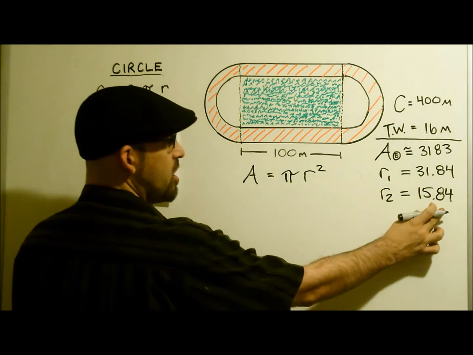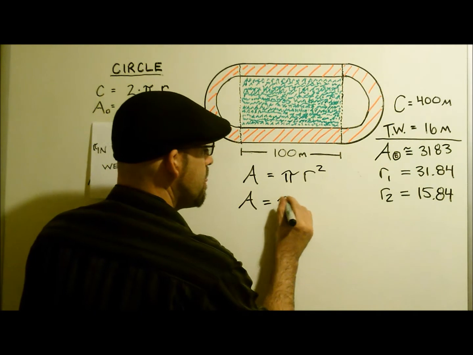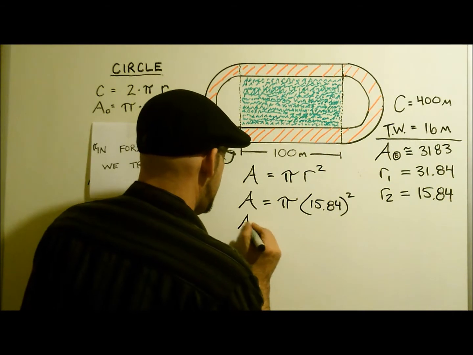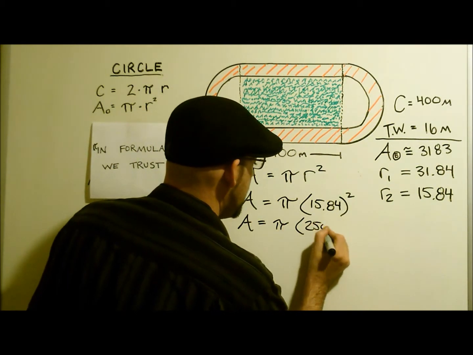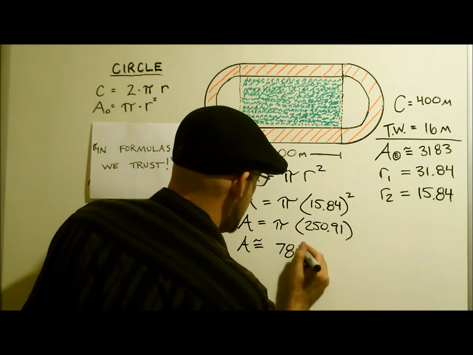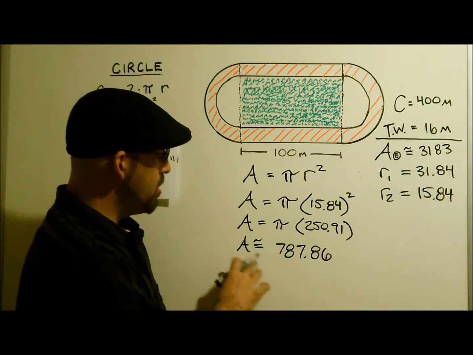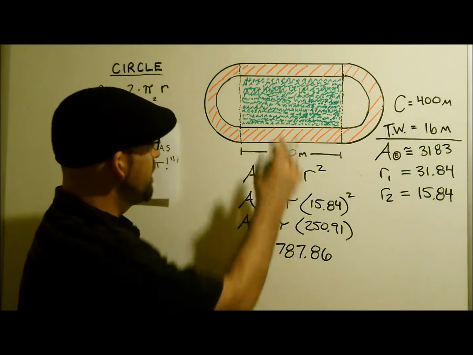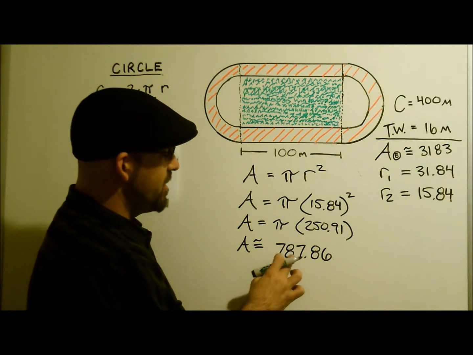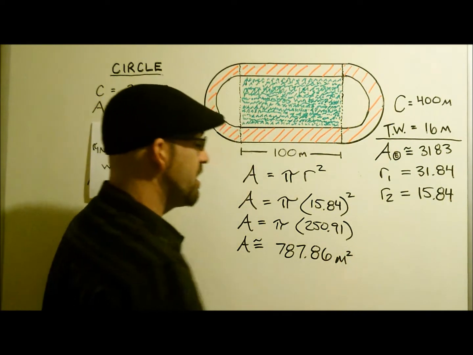So we'll just use this r and square it. After multiplying by pi, we get our smaller circle, the one on the inside track, to be approximately 787.86 meters squared.